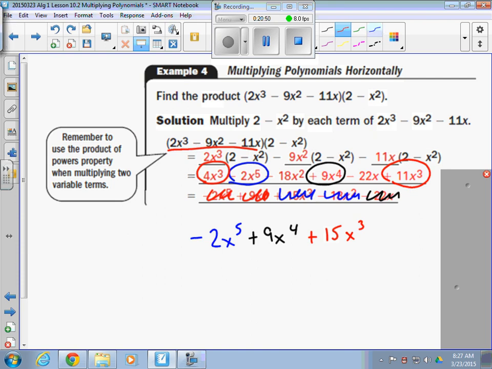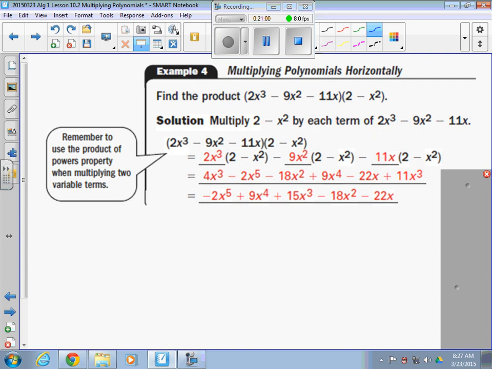Then you only have one x squared, negative 18x squared, and one x to the first power, minus 22x. So when you put them all together, it looks like that: negative 2x to the fifth plus 9x to the fourth plus 15x to the third minus 18x squared minus 22x.